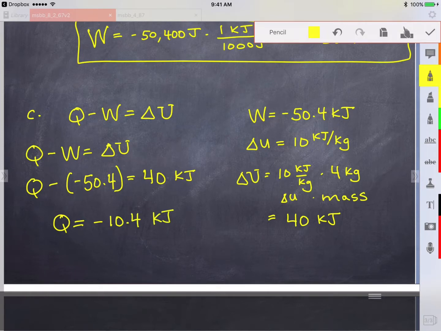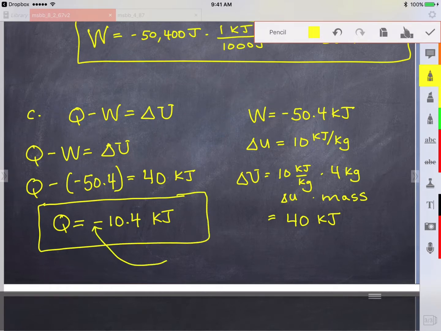So we've now solved for the amount of energy transferred by heat in kilojoules, which we're asked for in part C, and we've solved for the direction because we know that if it's a negative number, the heat transfer is going out of the system. Remember, work in is negative, work out is positive, and Q in is positive and Q out is negative.